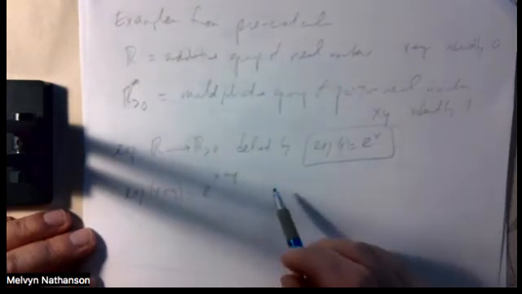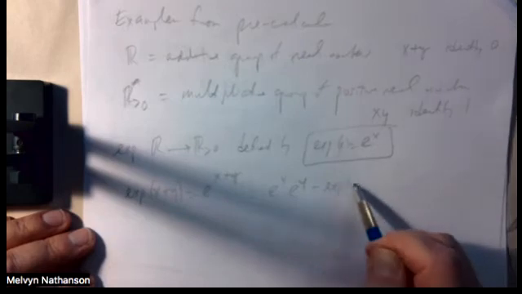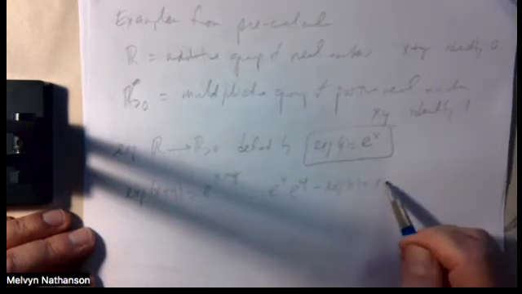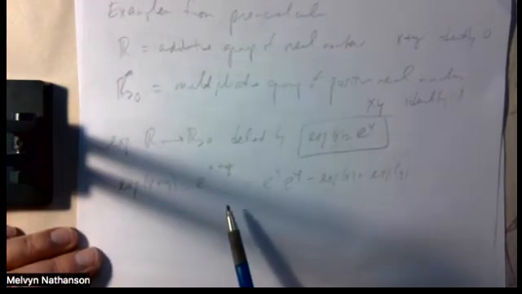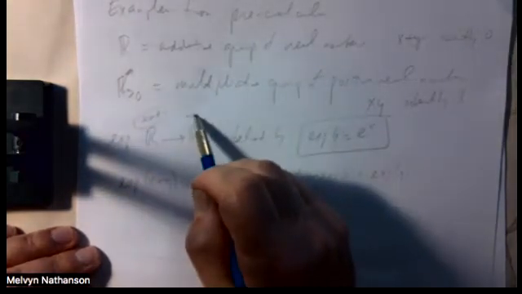But by the rules for exponents, this is e to the x times e to the y, and that is exp of x times exp of y. So this function is a homomorphism. Exponentiating is a homomorphism. Okay, so this is an additive group, and this is a multiplicative group.